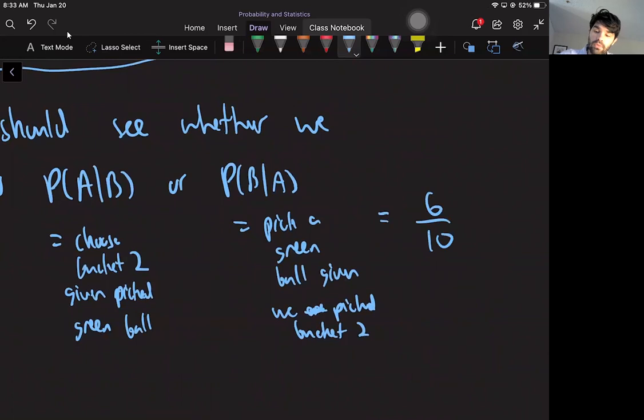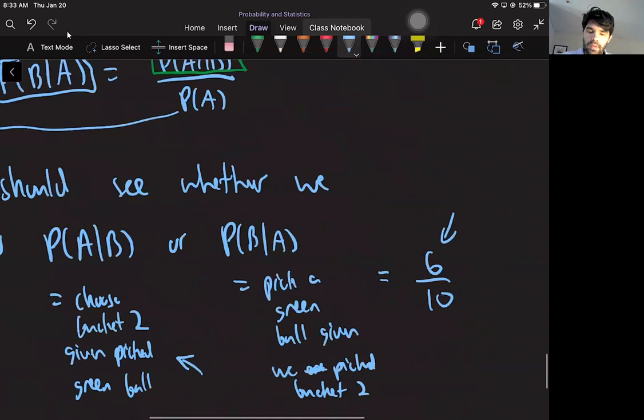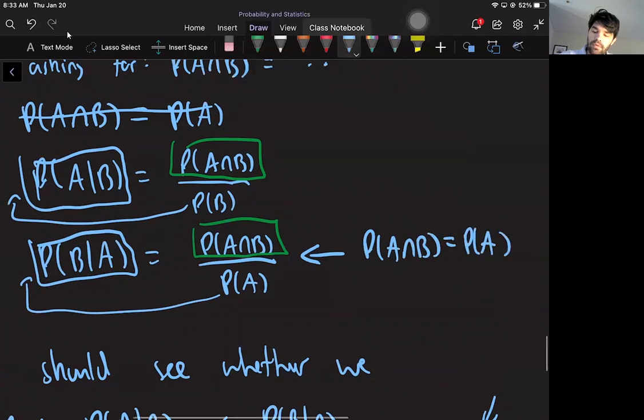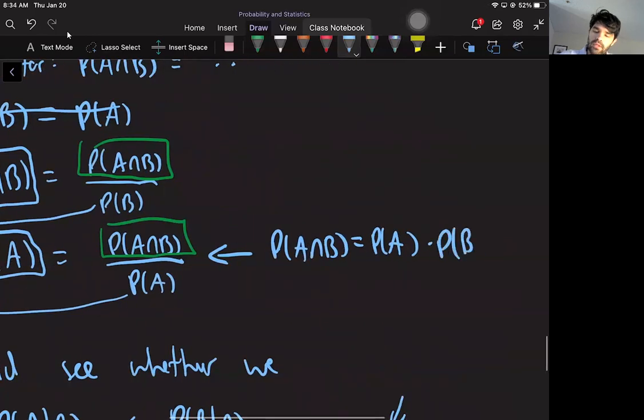So because I know this one, and I don't really know this one, which is a bit harder, I can now think about which formula I should be using, and it's this one. So then the probability of A and B, I can get by doing the probability of A times the probability of B given A.